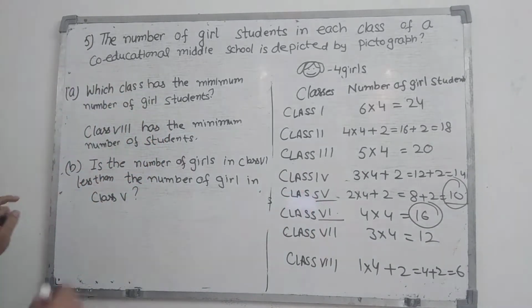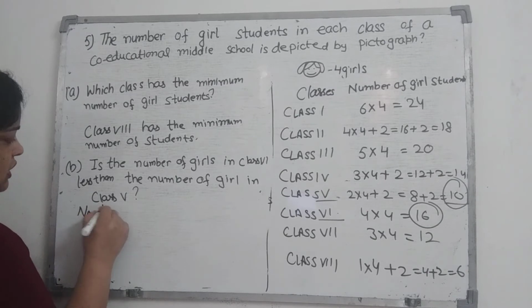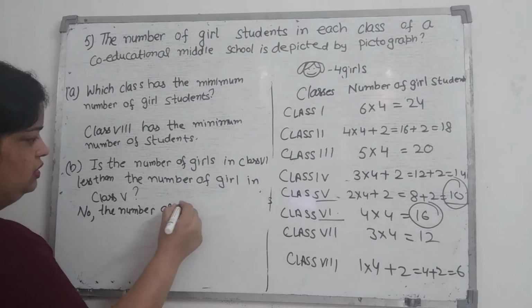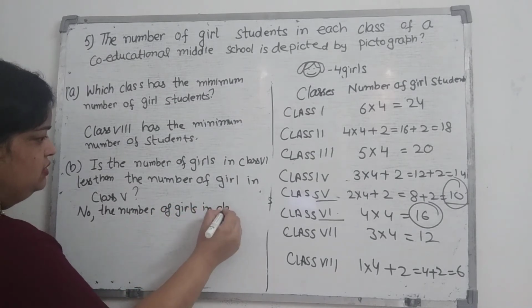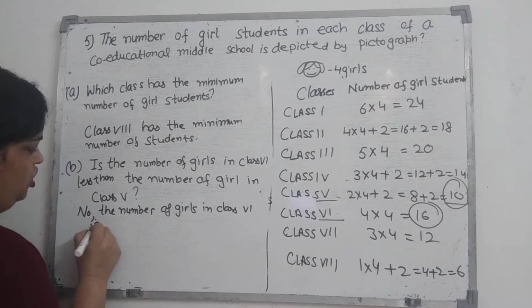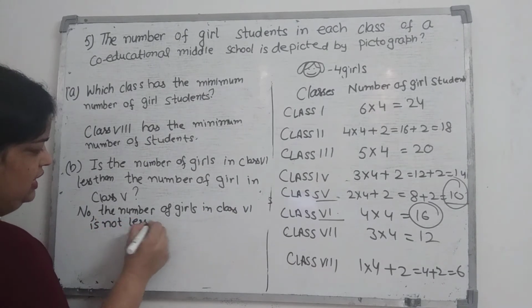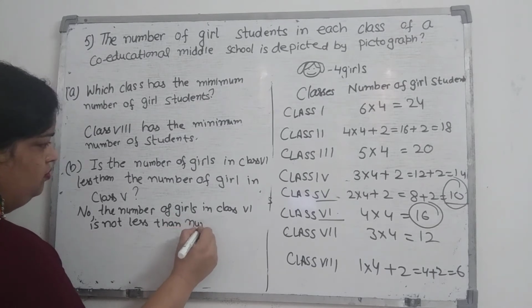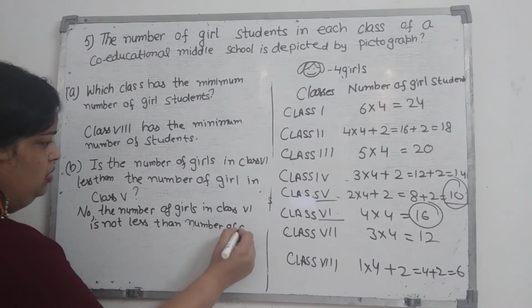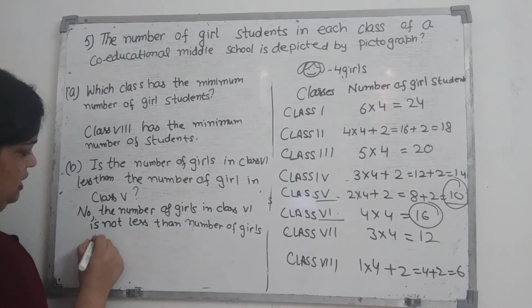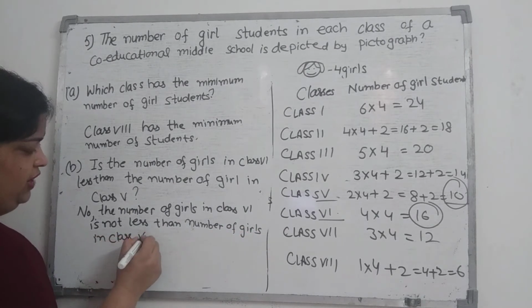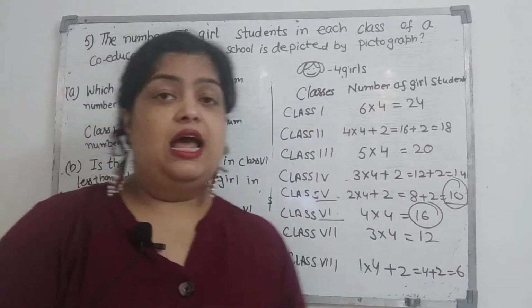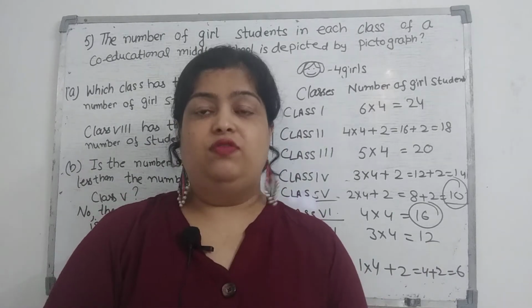So we will write no, the number of girls in class 6 is not less than the number of girls in class 5, because class 6 has 16 and class 5 has 10 girl students.